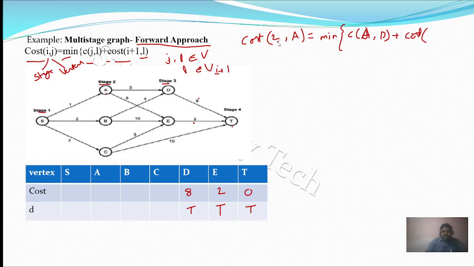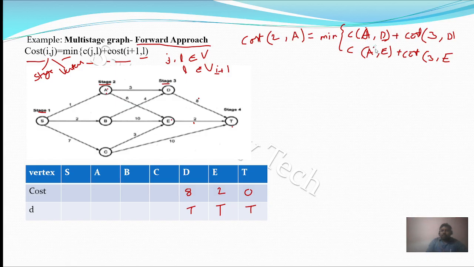I is stage 2, so I plus 1 is 3, plus L, where L is D. And here A to E, the minimum of A to L, where L is E, plus cost of stage 3 to E.